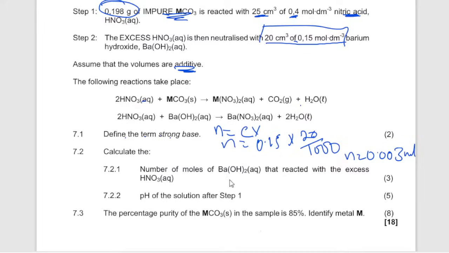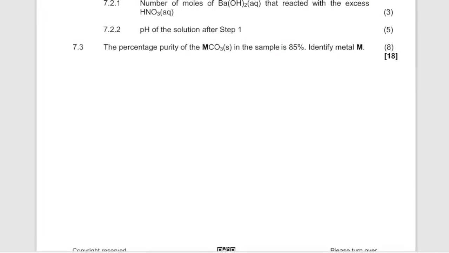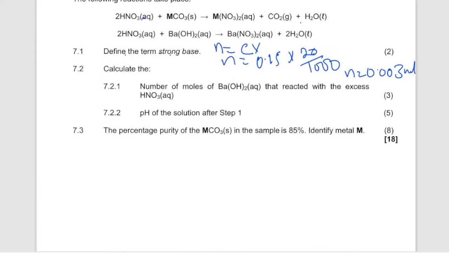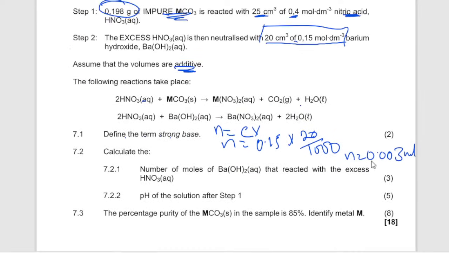And they're saying calculate the pH of the solution after step 1. The pH of this solution after step 1 is basically determined by how much nitric acid was remaining. So in most cases, because they said excess, it means that we have to go for step number 1.